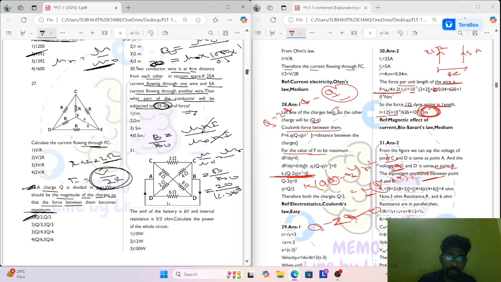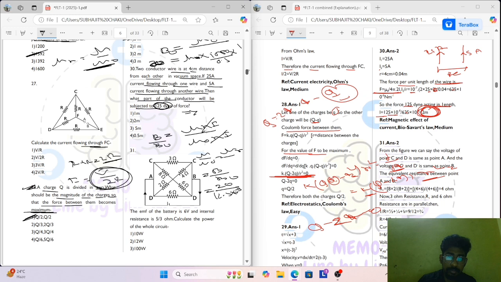Now XL means omega L, so omega square L square equals 30,000. It means L square will be equal to 30,000 divided by 3.14 square, 2 pi into f means 50, 50 square is 2500, right? Now 3.14 square is about 10, so 30,000 divided by 10 gives 3,000 divided by 2500 times 4, so we get 0.3.